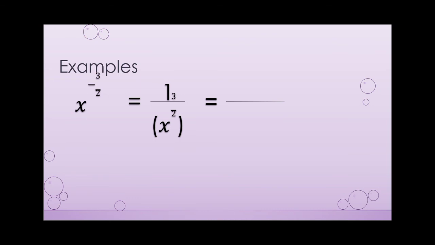Then let us express our denominator as a radical. So we have now 1 over square root of x, then raise this to the third power. So the answer now is 1 over square root of x raised to 3.